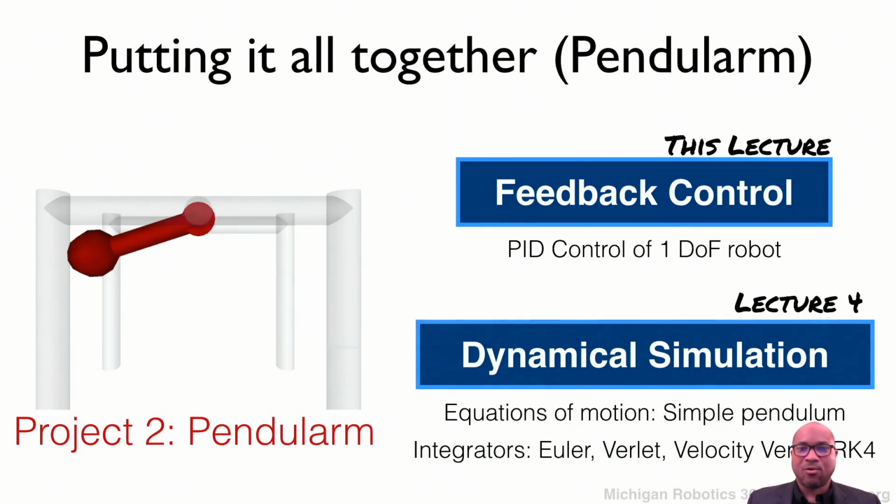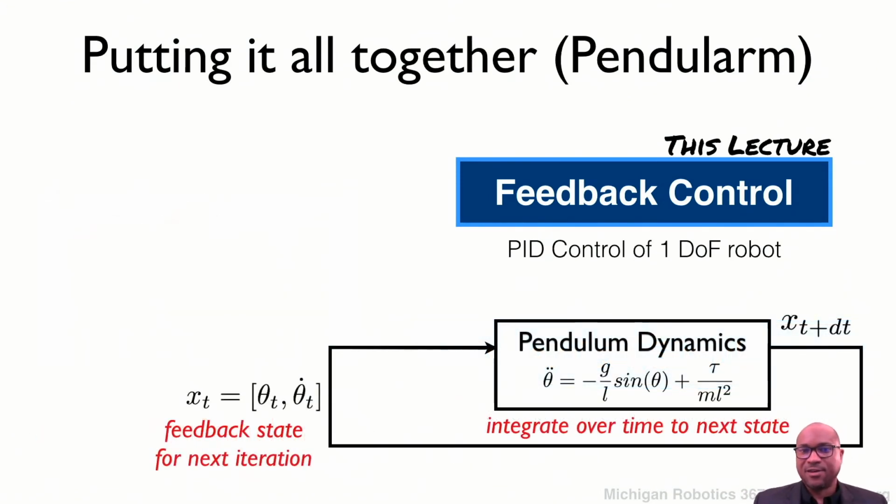We take our equation of motion and encode it into the pendulum dynamics that are integrated forward to take our current state x_t, the position and velocity of the pendulum angle, and use that to produce the next state some delta time forward. That really was covered last lecture.